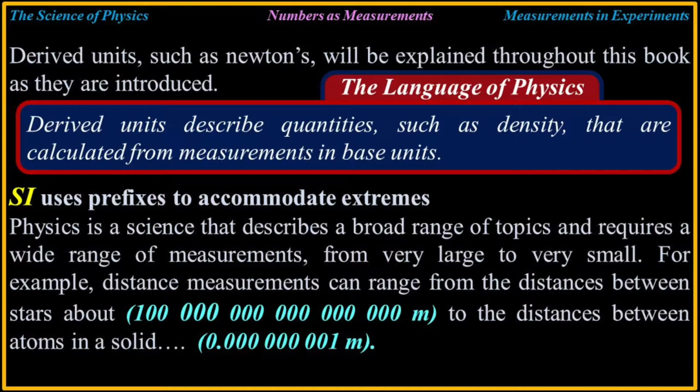Physics is a science that describes a broad range of topics and requires a wide range of measurements, from very large to very small. For example, distance measurements can range from the distances between stars, about 100 with 5 groups of 3, that's 15 zeros, meters, to distances between atoms in a solid, which are very small, and that's in meters.